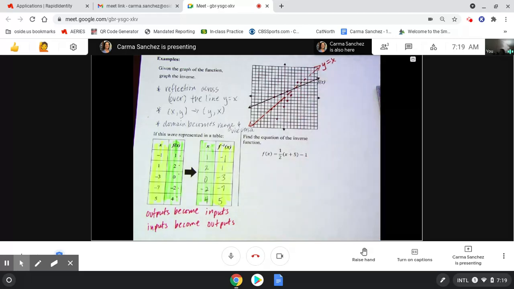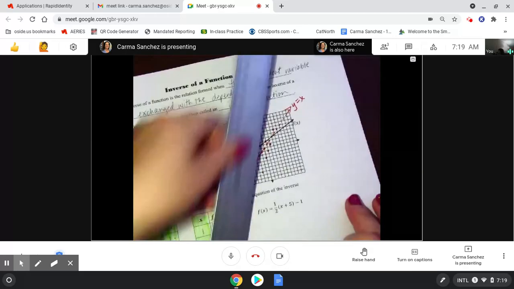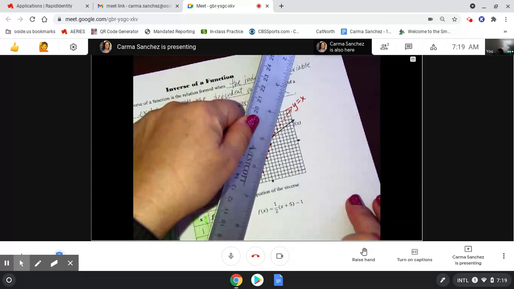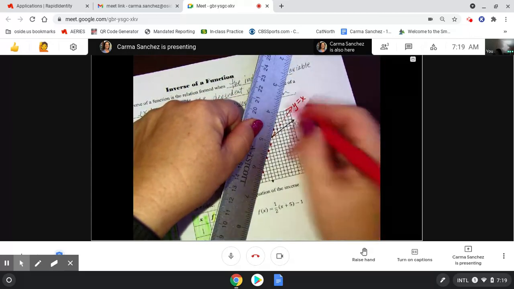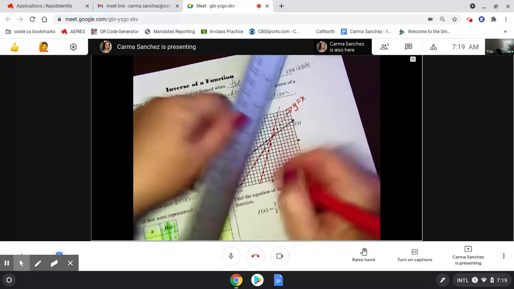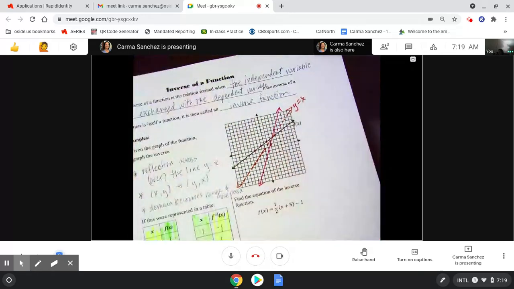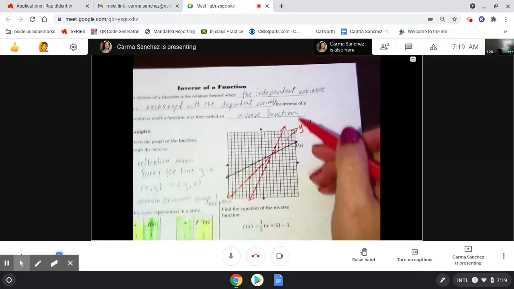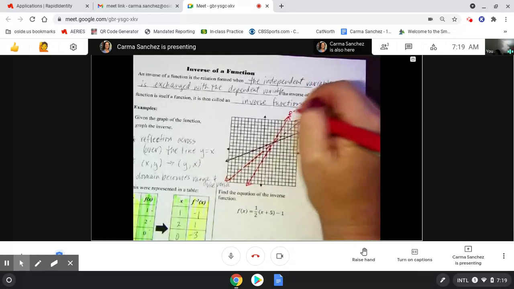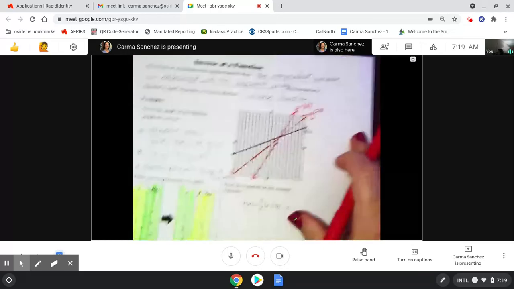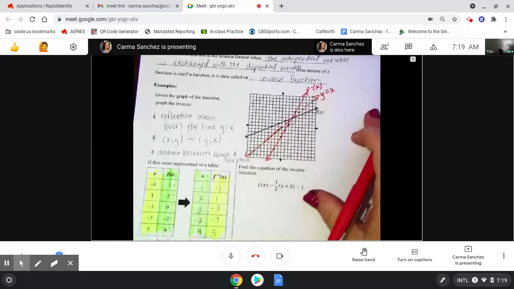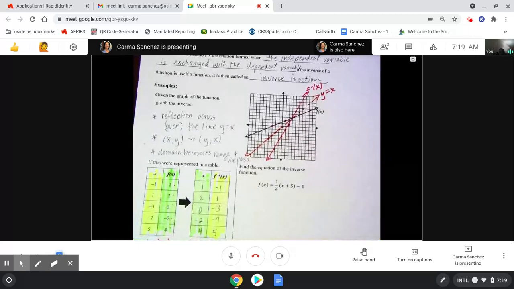Okay, then I'm going to grab my ruler and connect the new inverse line. This new inverse is called f of -1 of x, f^-1(x). That's the name of our inverse function. And the original function was called f of x.